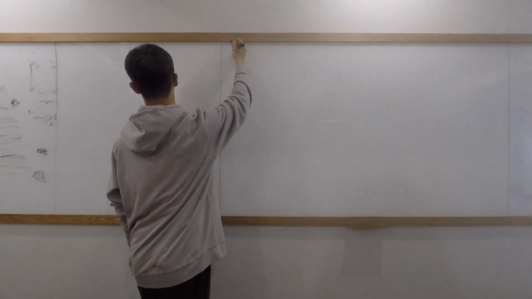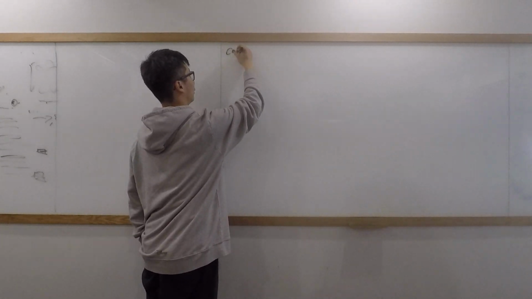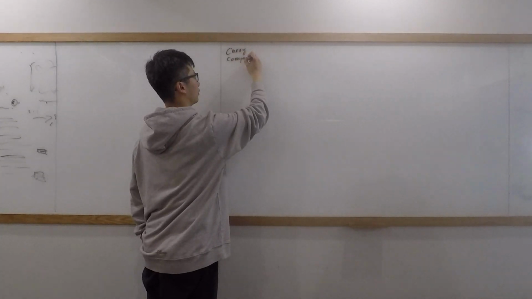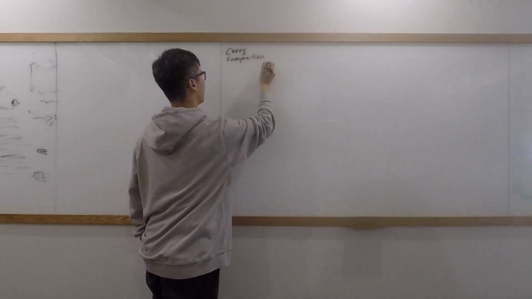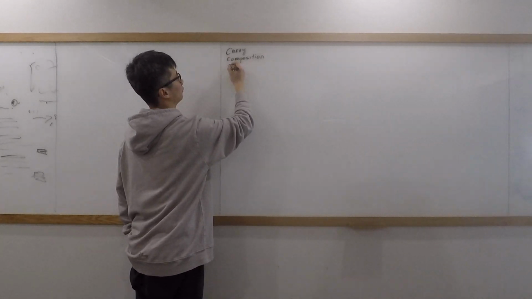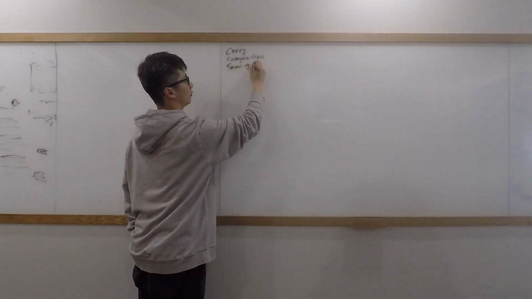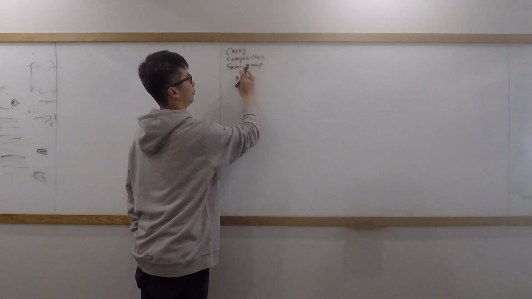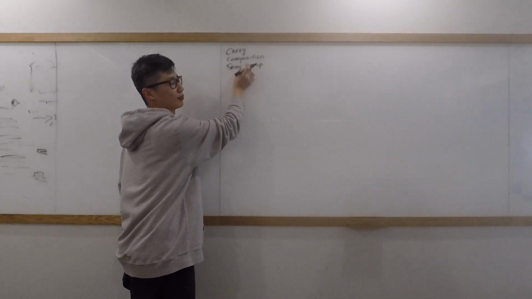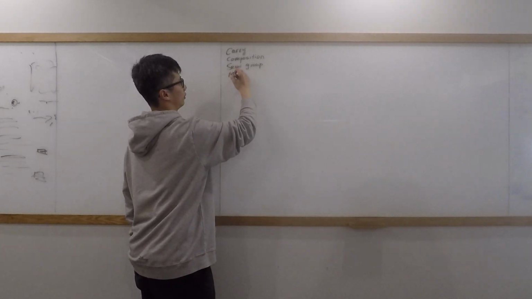First, we'll talk about curry, and then composition, and then we'll talk about semigroup. There's no hyphen here. Just bring them close. You're right. Semigroup, and then you have monoid.